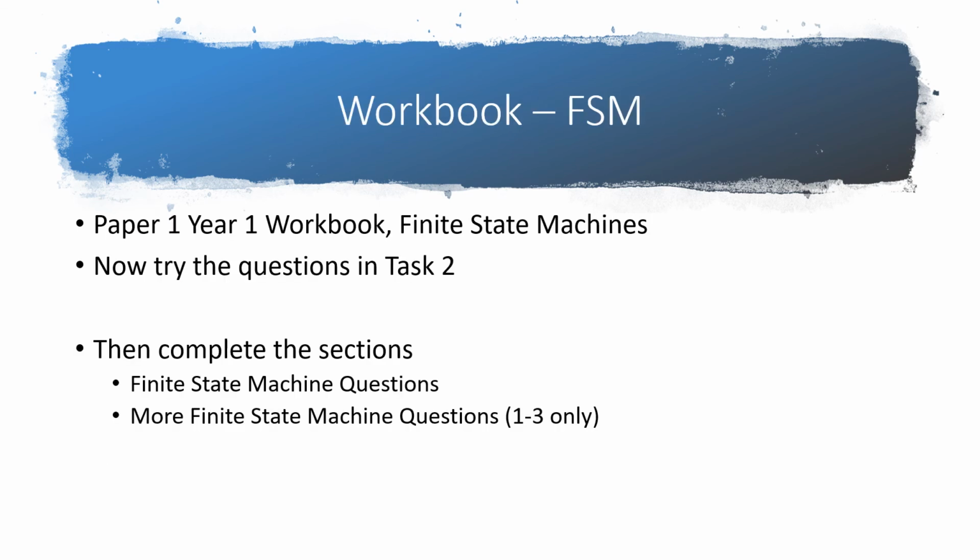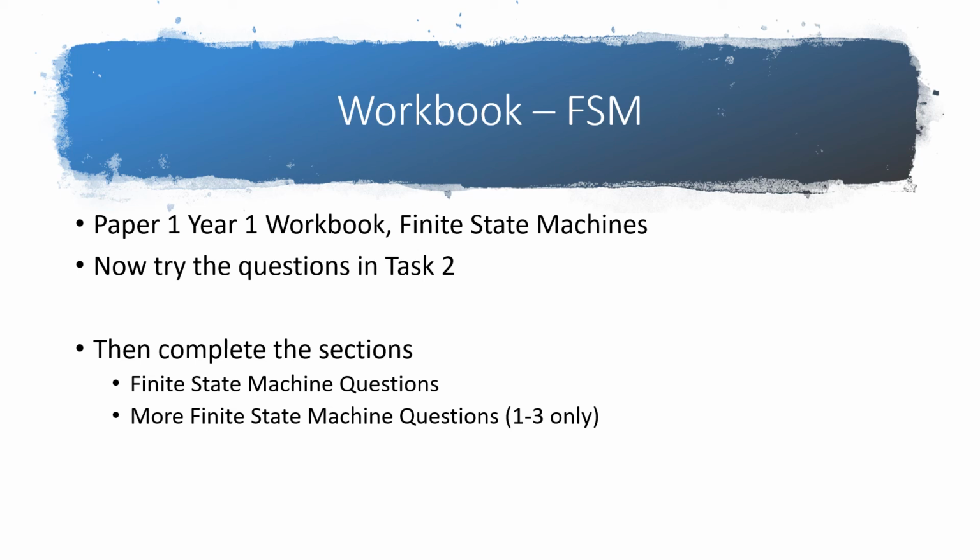Right, so if you go back into the paper 1 year 1 workbook, and again it's under finite state machines on the contents page, which is, I think, the very last one. So you've done the questions that are labeled task 1. So next we want to have a go at doing task 2. That's going to go through the bit we've just done about transition tables and the like. After you've completed that, there are more questions.